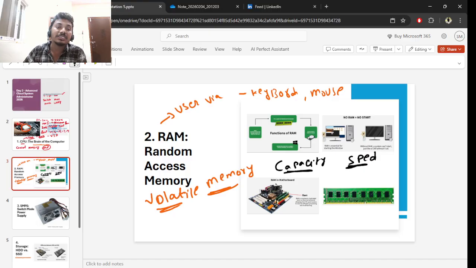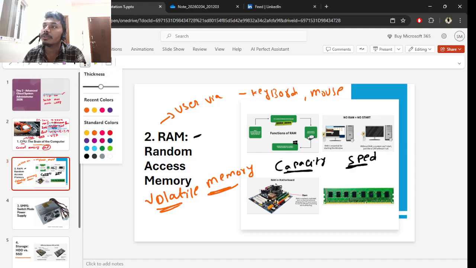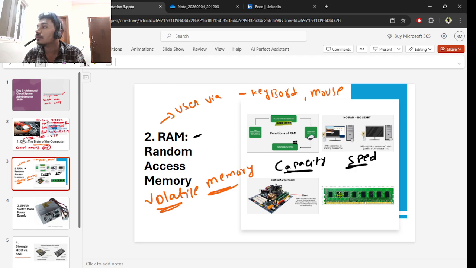That is capacity versus speed. We measure the RAM capacity in GB, that is gigabytes, and speed in MHz, that is megahertz.